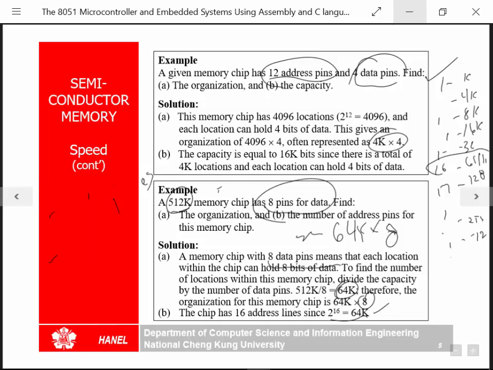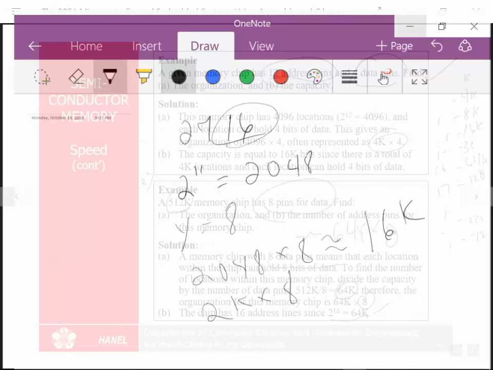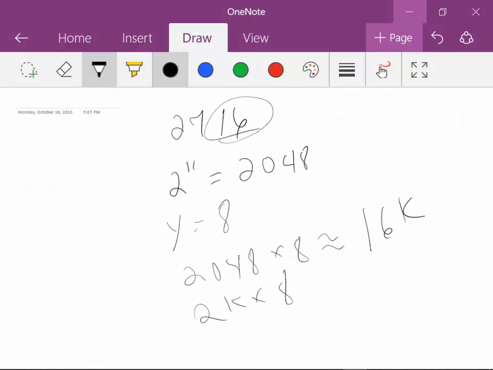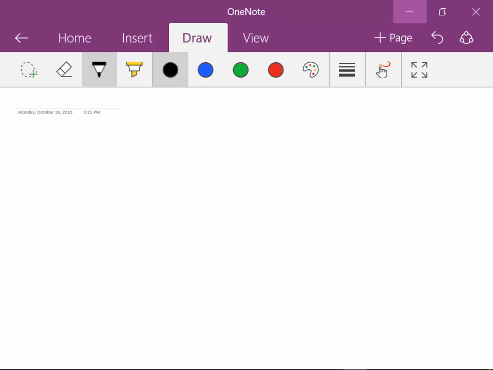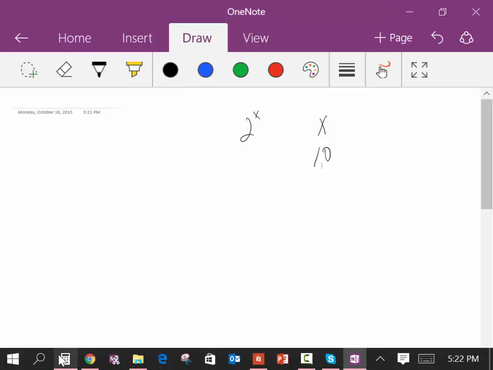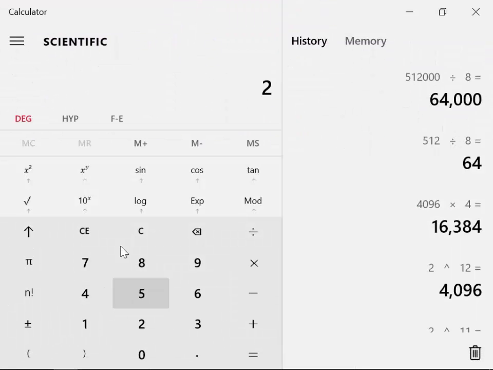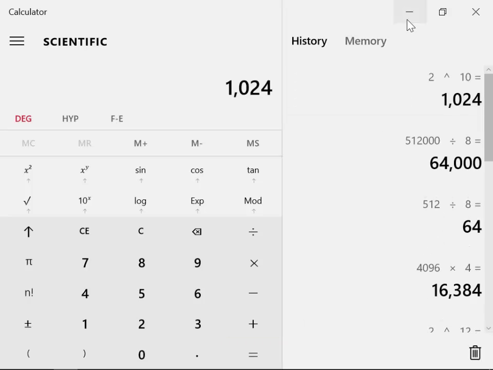And this particular table, let me do another right there. If you've got 2 to the X, the number of address lines, and you start with X at 10, 2 to the 10th is 1K.